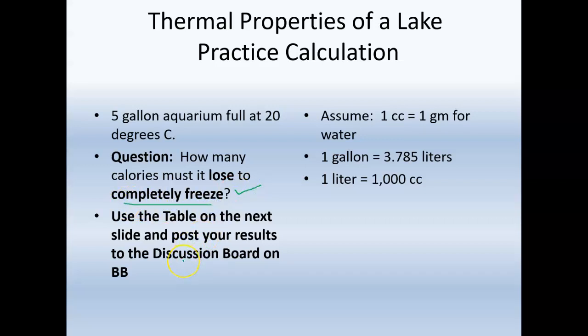So I've got an example table for you on the next page you can use as a way to post your calculations, and post them on the discussion board on Blackboard for thermal properties of a lake. So you've got to use your conversions, and you've got to use those unique specific properties of water to figure out how many calories are involved in total.